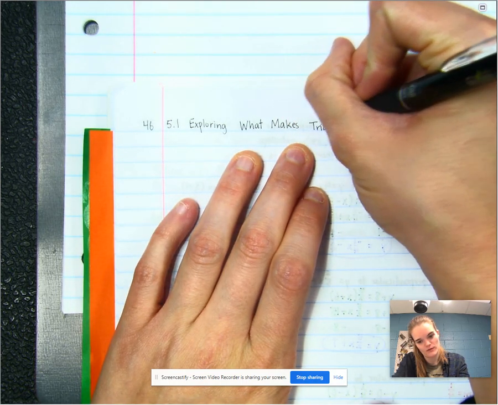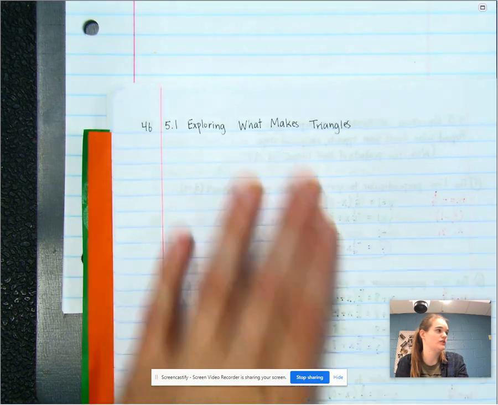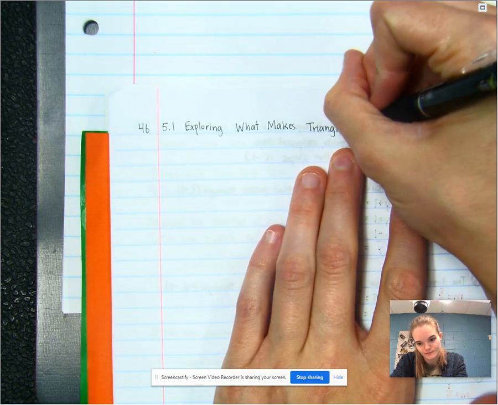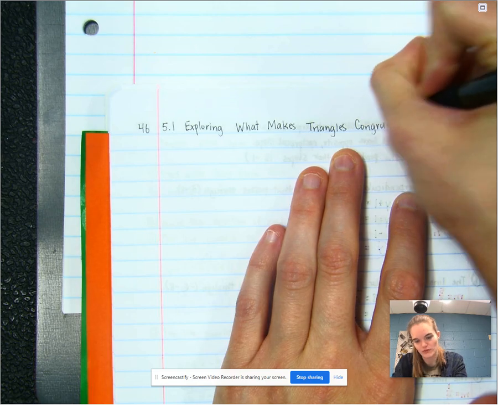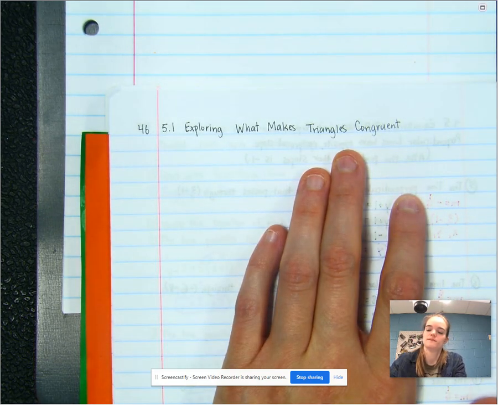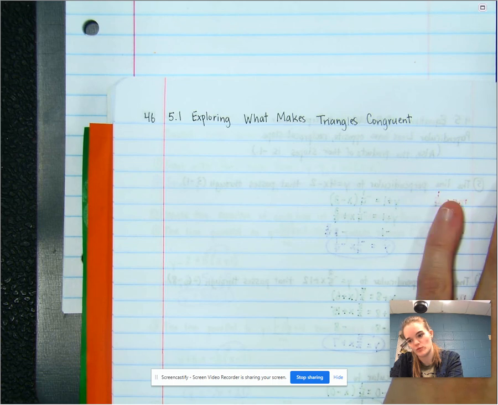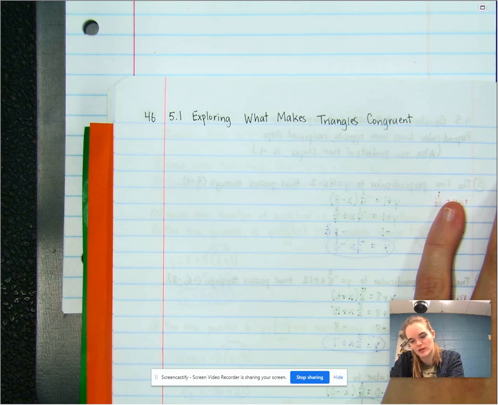And go ahead and put that on 47 as well. We will finish 47 today. It's 46 and 47. 5.1, exploring what makes triangles congruent. And we will talk about specific things that make triangles congruent.